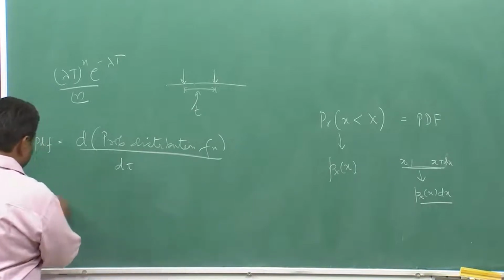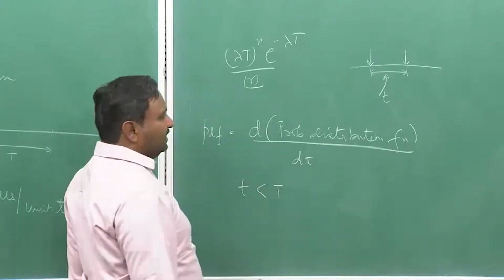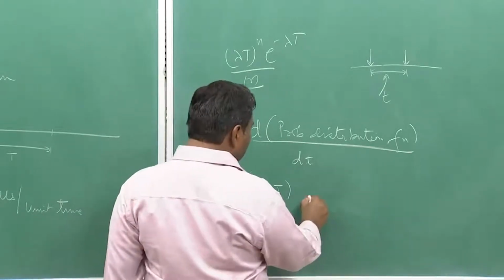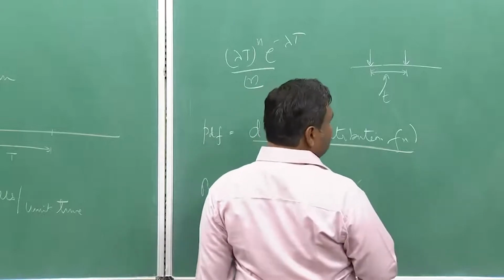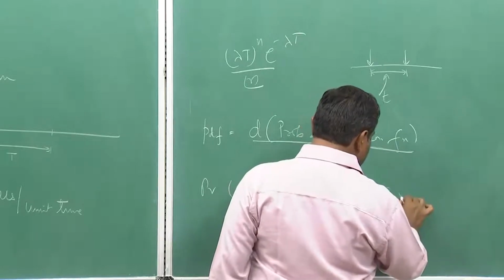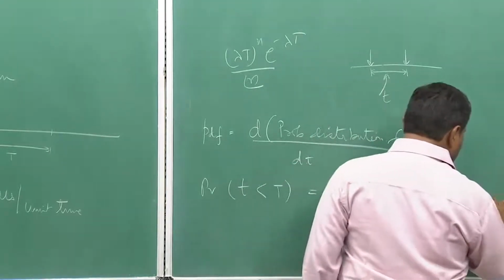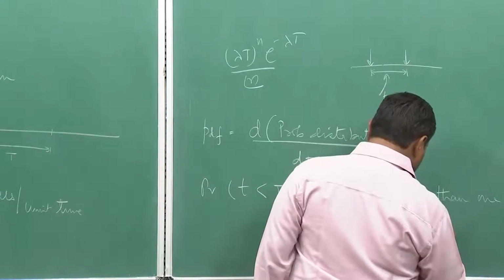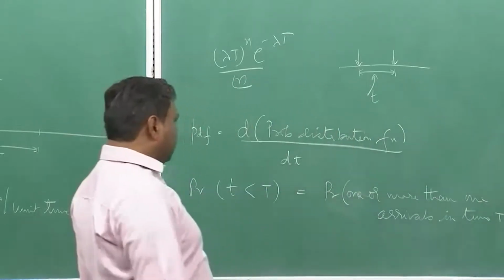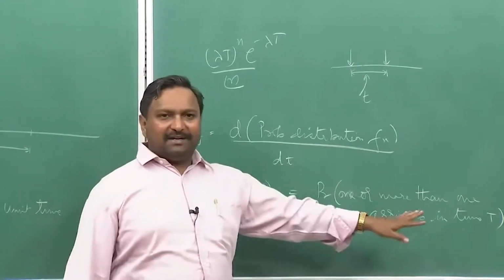So, this can be estimated as follows: if the time t is less than some capital T, the inter-arrival time being smaller than this, this probability is nothing but the probability that you have one or more arrivals in time t. And of course, this actually means 1 minus the probability that there is no arrival in time t.